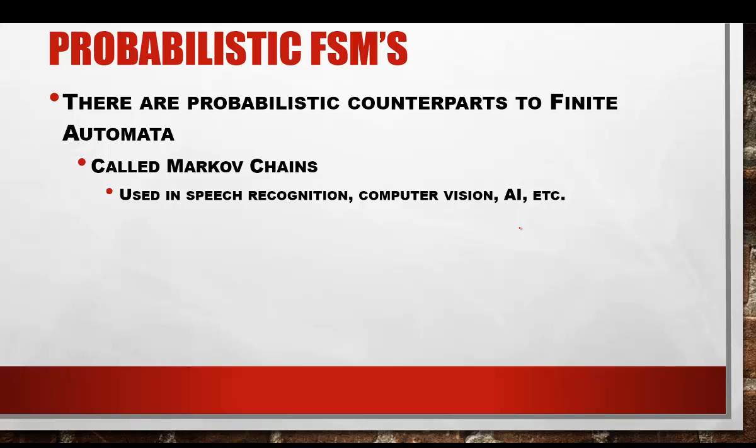Finite automata and their probabilistic counterparts, which are called Markov chains, are extremely useful tools when you're attempting to recognize patterns in the data. Sometimes the patterns are deterministic, so we use finite state machines. Sometimes your patterns are non-deterministic, and by this I don't mean non-deterministic in the sense of the non-deterministic finite automata we make a representation of later, but rather probabilistic or stochastic. A perfect example of it is speech recognition.